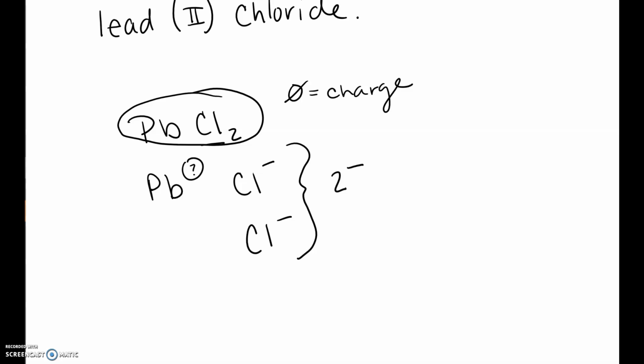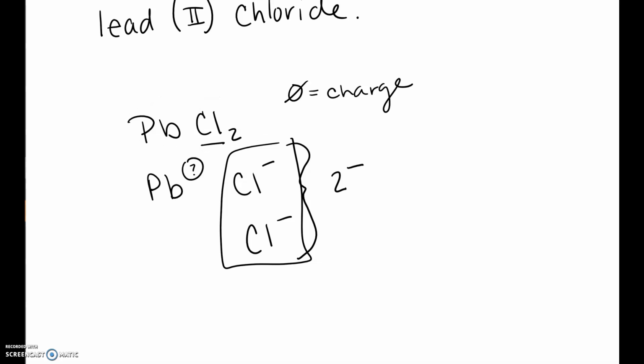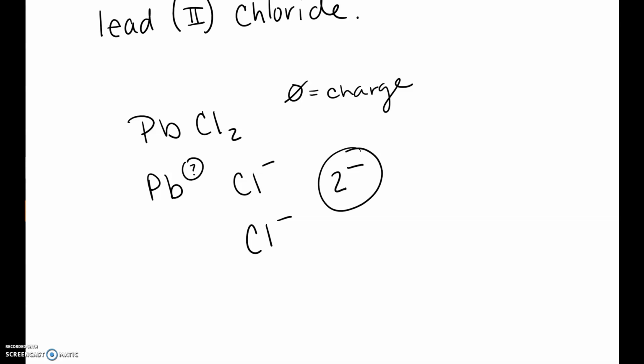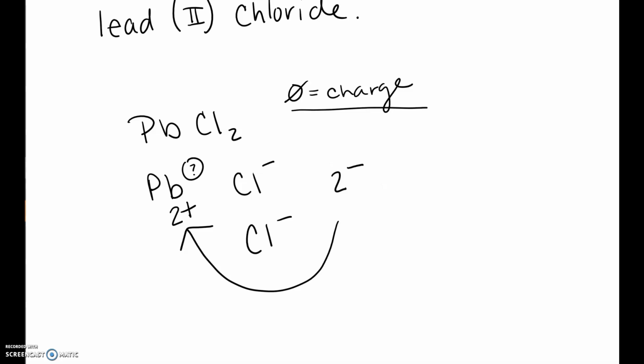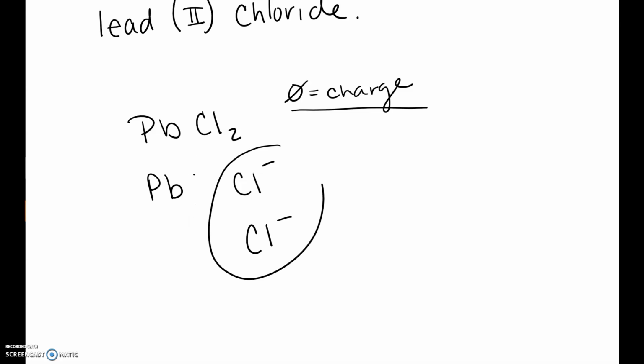So the chlorine part of my compound gives me an overall charge of 2 minus. If I need an overall charge of 0, that means that lead must be giving me a total charge of 2 plus in order to balance out the 2 minus coming from these 2 chlorine atoms.